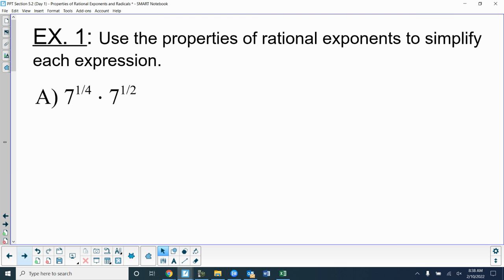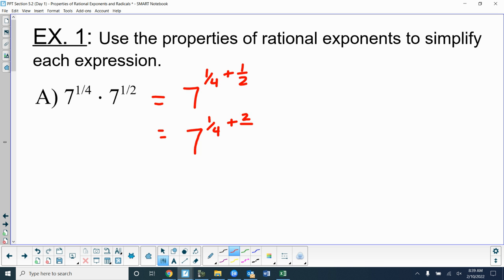We're going to simplify them with radicals, though. So instead of putting it in your calculator, we just do 1/4 plus 1/2. Well, what is 1/2 in fourths? 2/4. So what's 1/4 plus 2/4? 3/4.